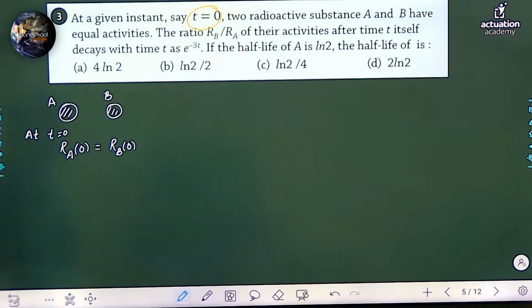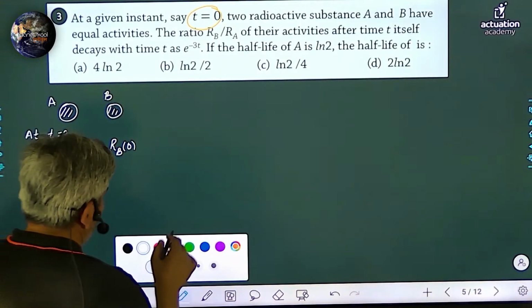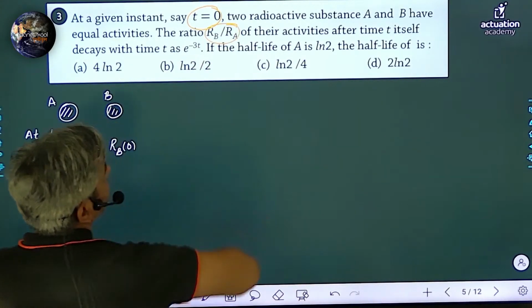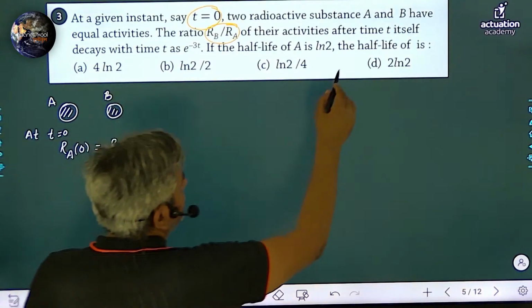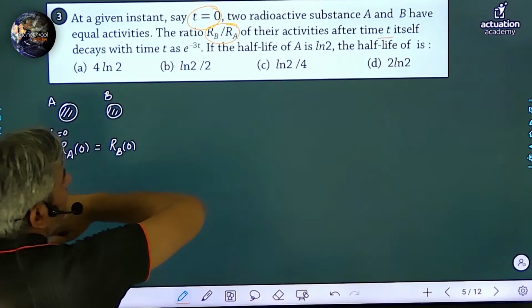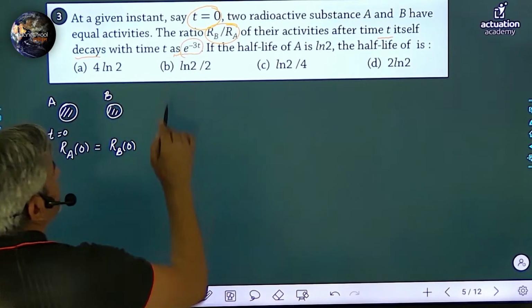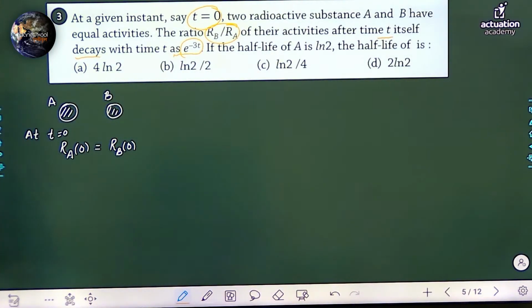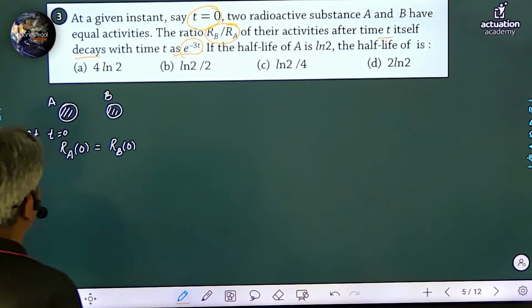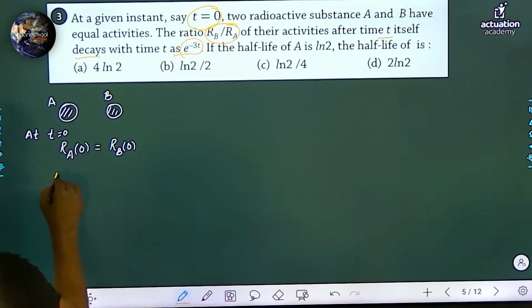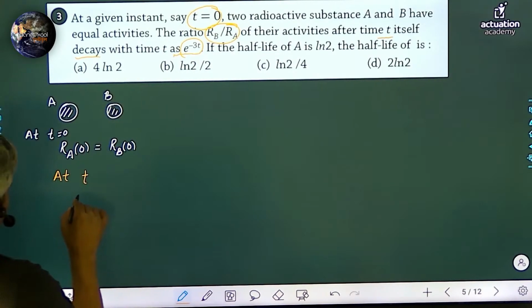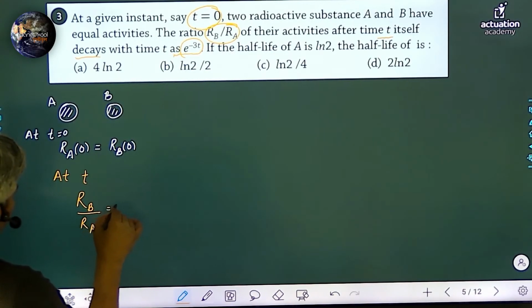The ratio of their activities, RB over RA, after time t decays with time t as e raised to power minus 3t. So it's given in the question that at time t, the ratio of the activities, RB over RA, is e raised to power minus 3t.